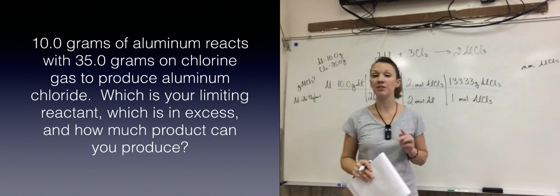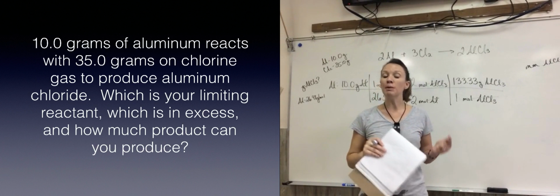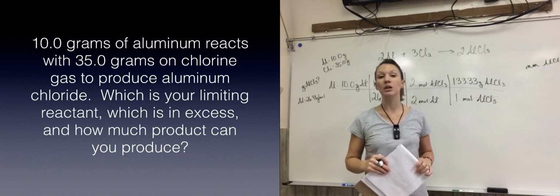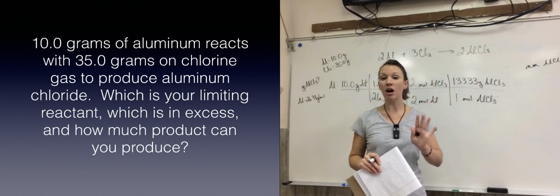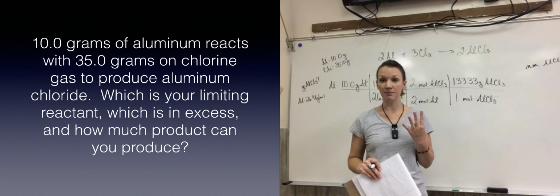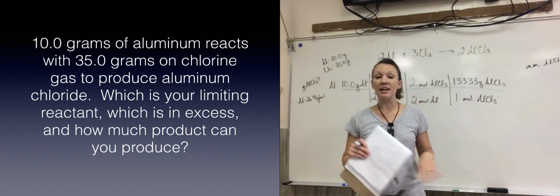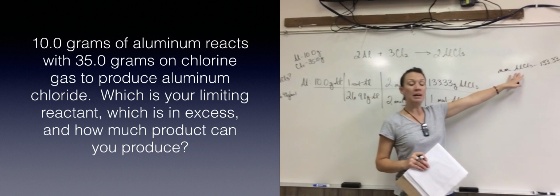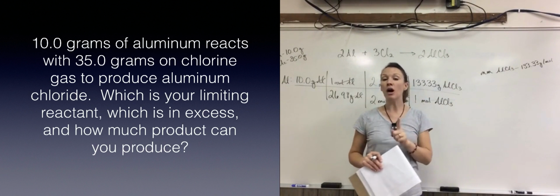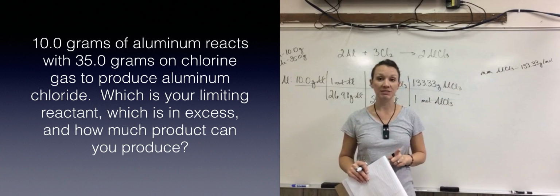Now I do want to stop right here for just a brief second. Remember what I've said before, when you're pulling your atomic masses off of your periodic table, you need only 4 significant digits, right? Once you add everything together, so for aluminum chloride, you know you have more than 4 significant digits. Do not round it to only 4 significant digits.